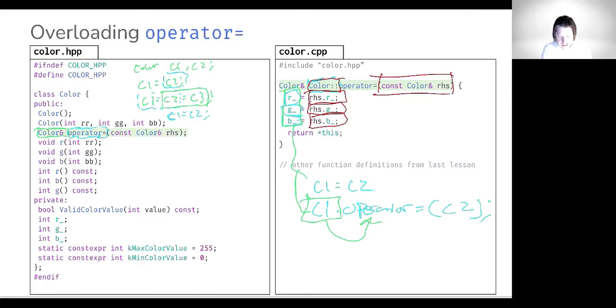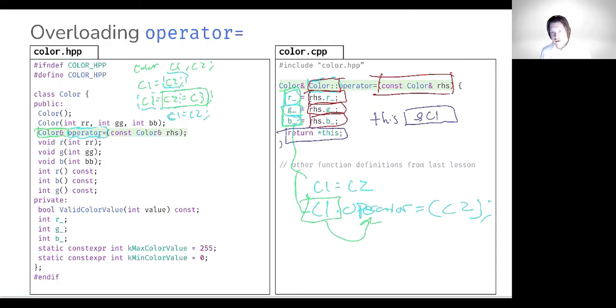Now, here's that last thing we kind of talked about. We're returning a self-reference. What the heck does that mean? Well, that's this statement. When C1 is passed implicitly to operator equals, there's a pointer that stores the address of C1.